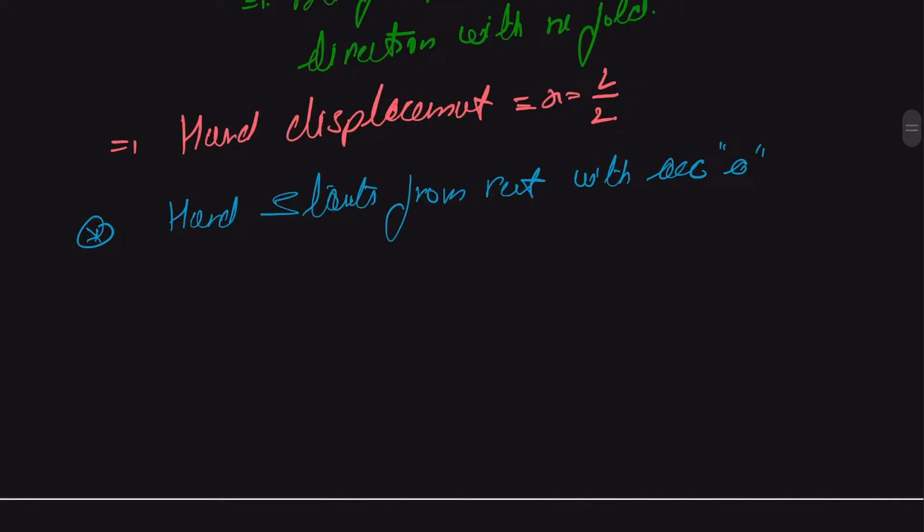Therefore, v square is equal to 2a times L by 2, which comes as a times L. And please remember, this is just before complete straightening. In the question itself it is mentioned that we have to solve it just before it becomes completely straight.